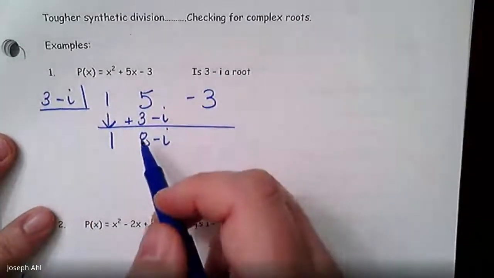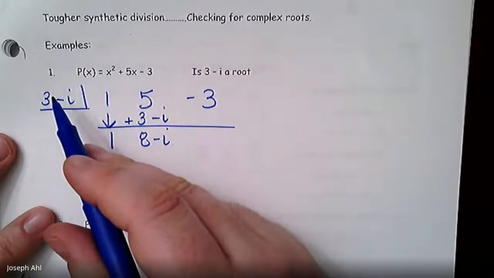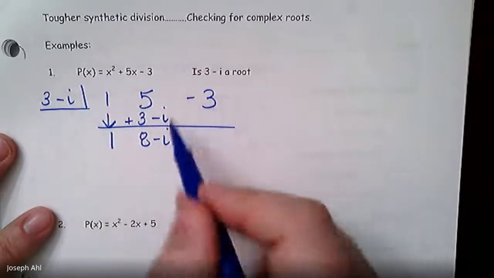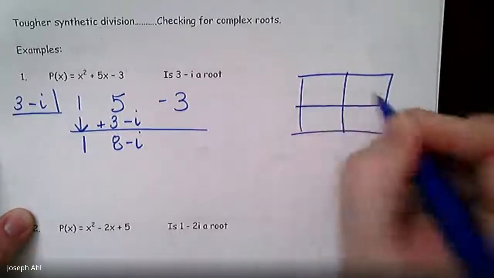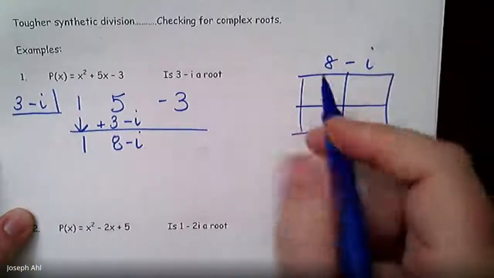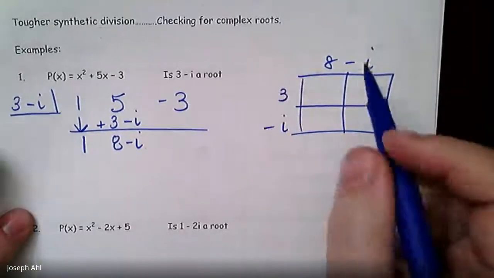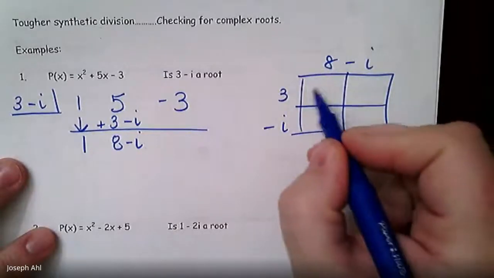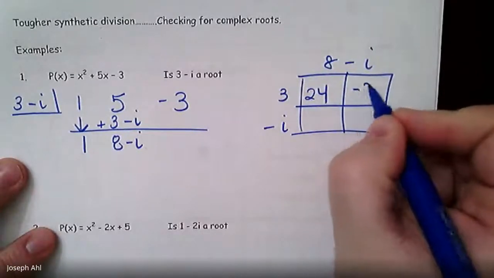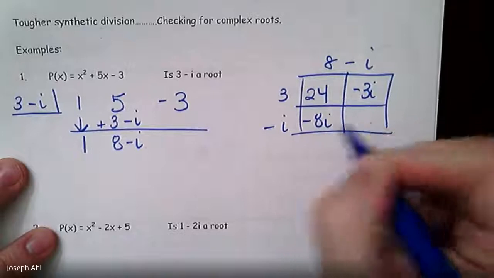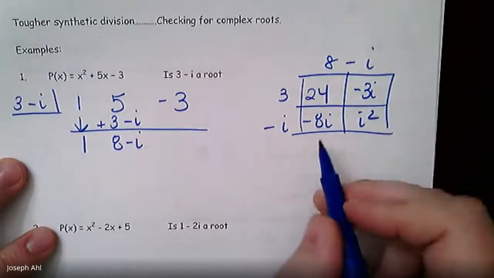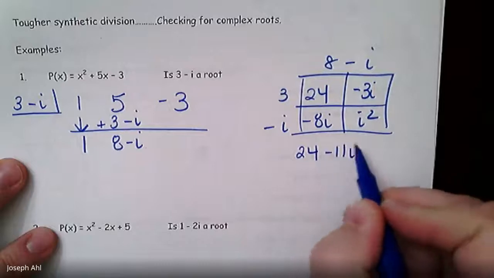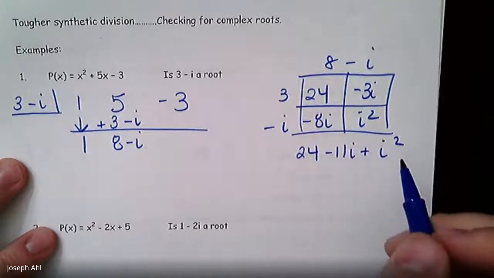And the only weird thing now is to multiply 8 minus i times 3 minus i. That's what goes in this spot right here. So for those of you that love box method, maybe I'll do it for this one. I'll do FOIL for the next one. Okay, so 8 minus i times 3 minus i, this is 24, -3i, -8i, and positive i squared. So that's going to be 24 minus 11i plus i squared.